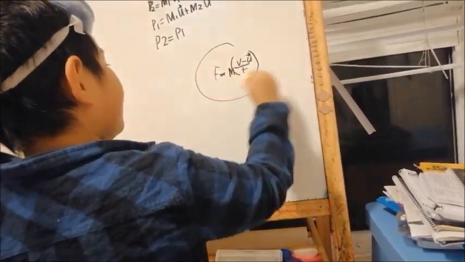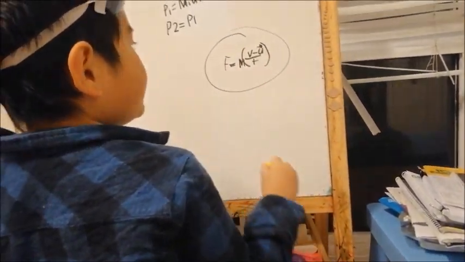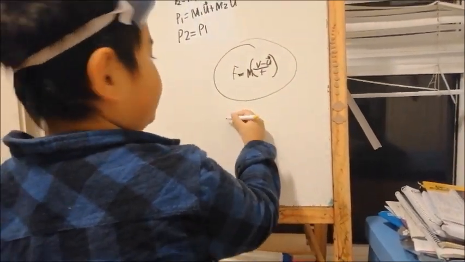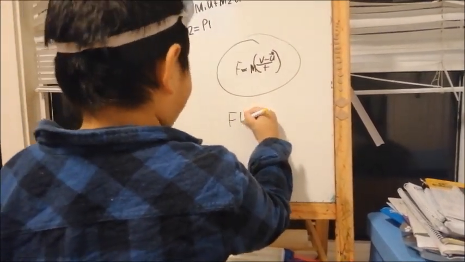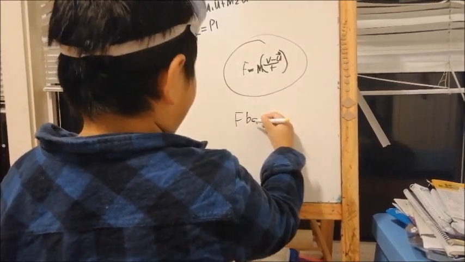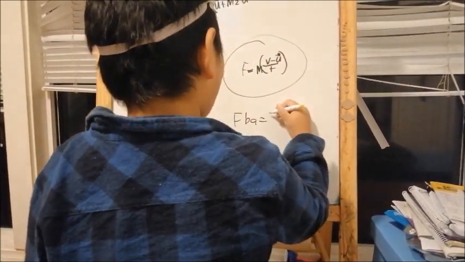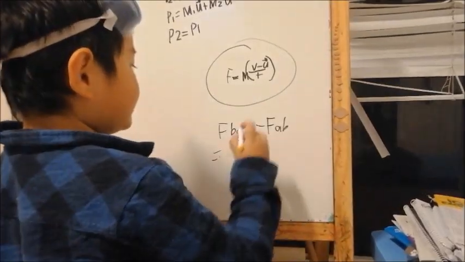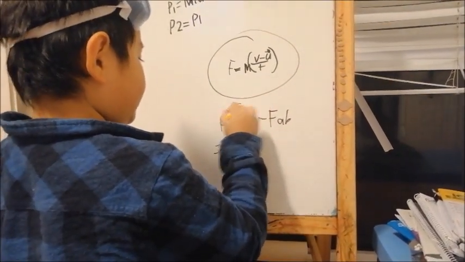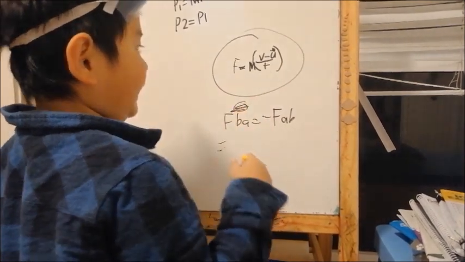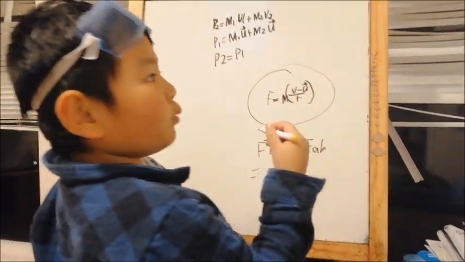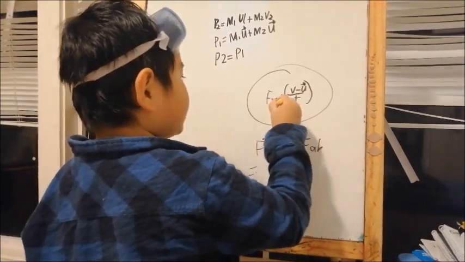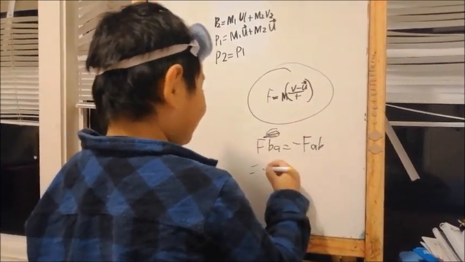For this method, I'm showing you this because now you can come back to the FBA equals minus FAB. We could say that this right there, FBA, is the force of the first ball. And this can replace that.